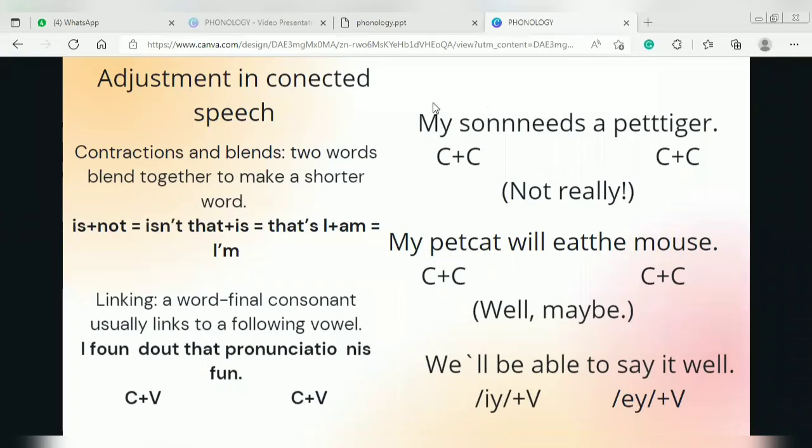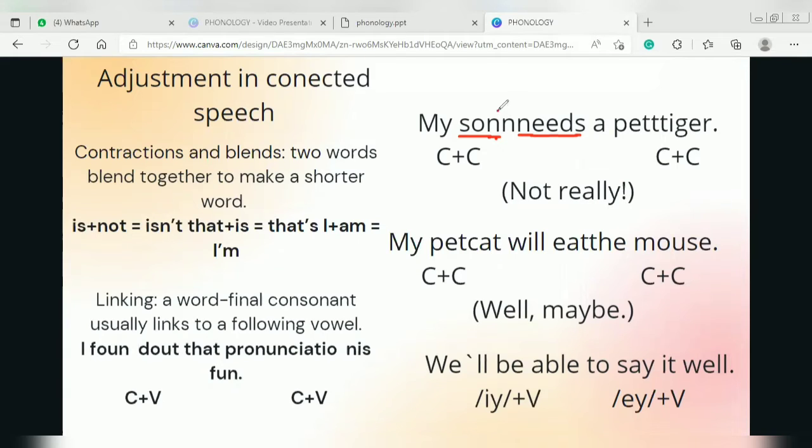Okay, we have there some examples of rules. For example, we have these words. When we have two identical consonants that come together, they merge and lengthen like this.